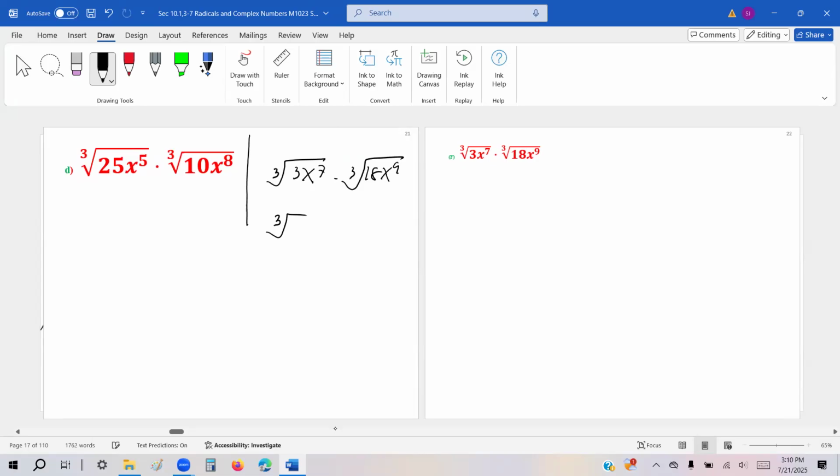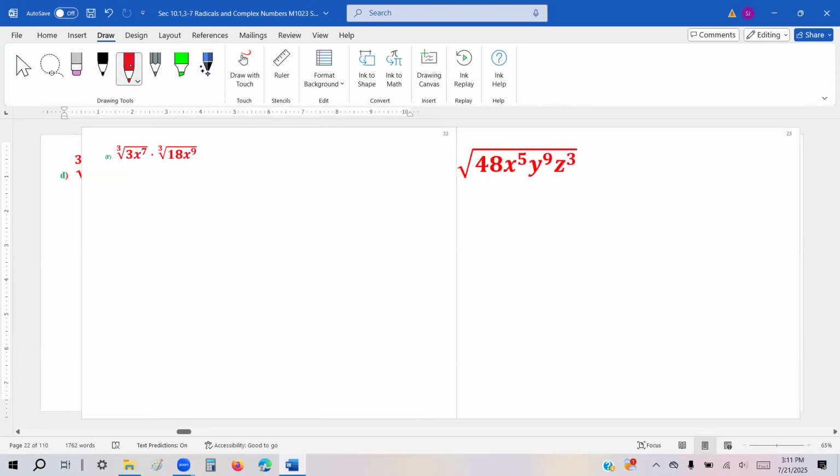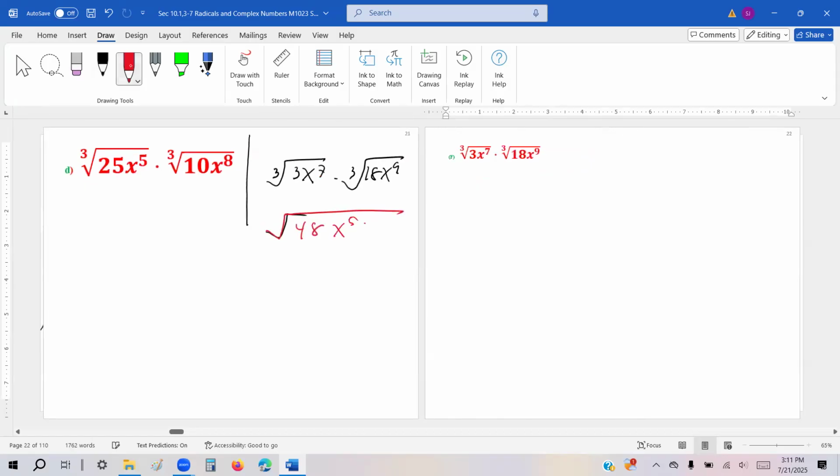Cube root? No, square root. Square root of 48, 593.